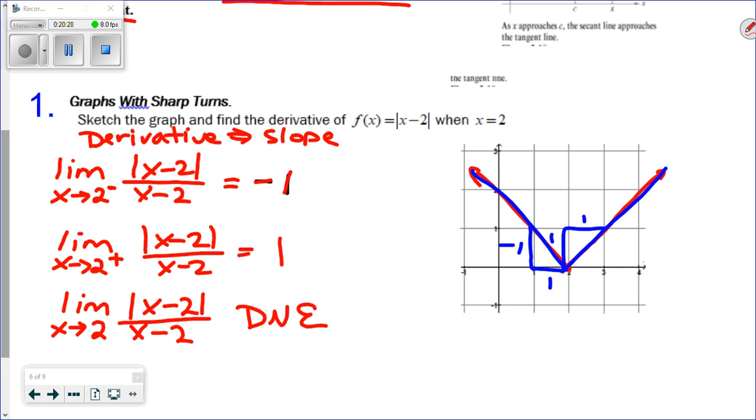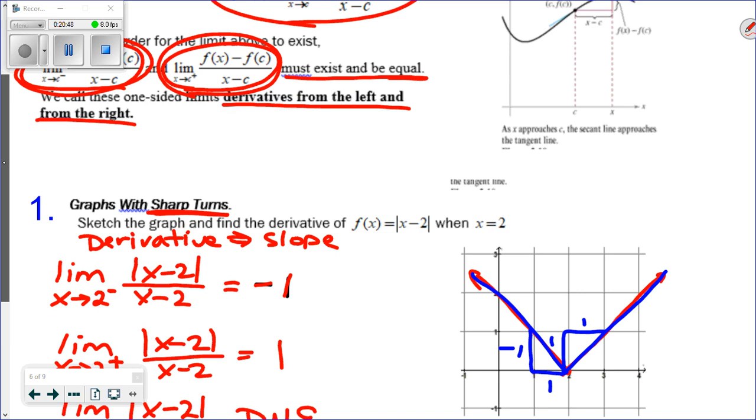And so this is going to happen anytime you have a sharp turn or a sharp corner in the graph of a function. The derivative is not going to exist at that point because your derivative from the left and the right are not equal, okay?